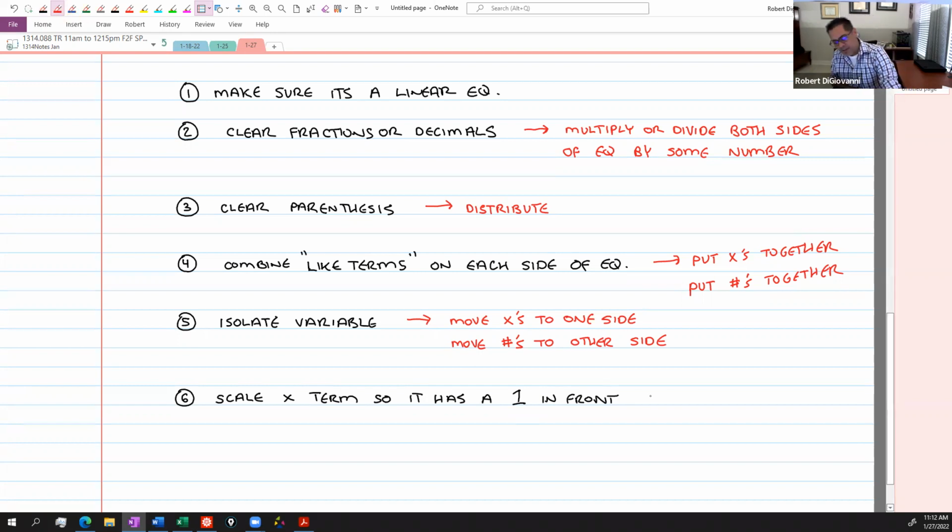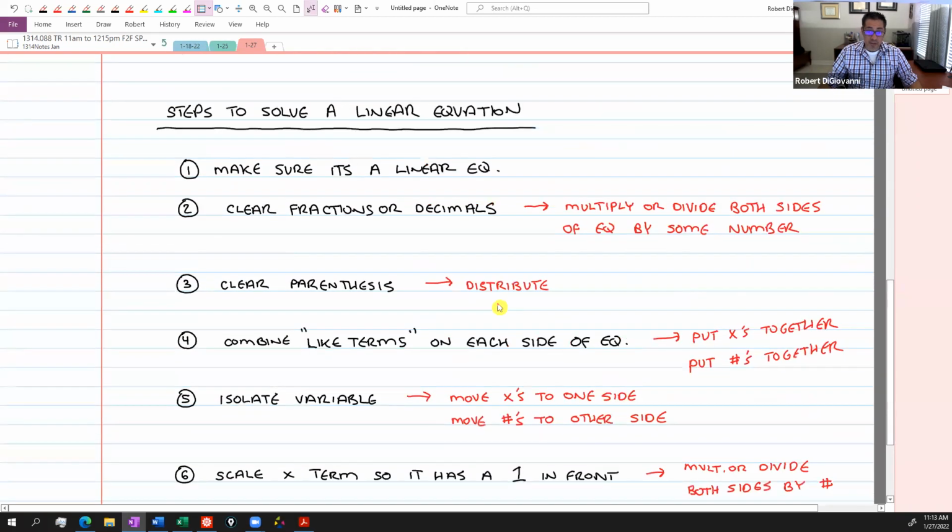To do that step, we're either going to multiply or divide both sides of the equation by some number. Okay, that's it. That's the procedure.